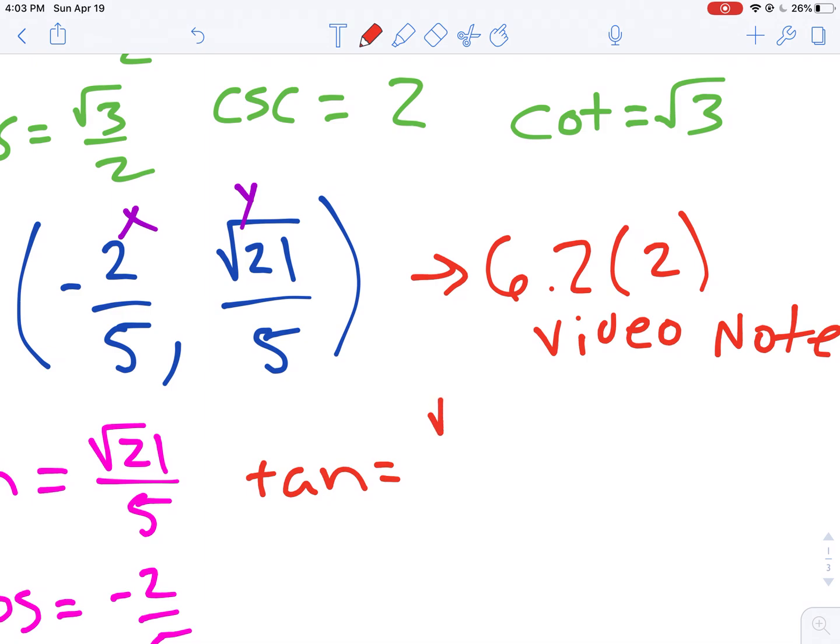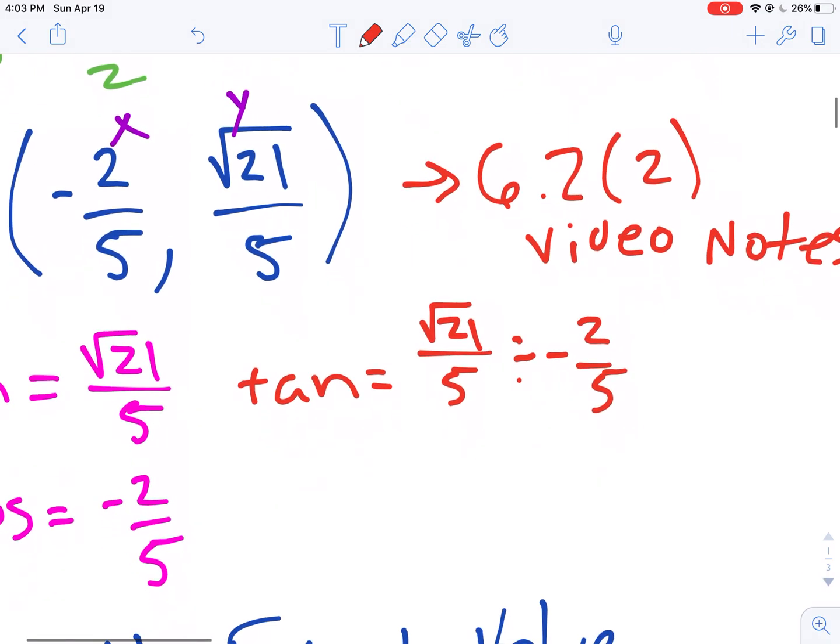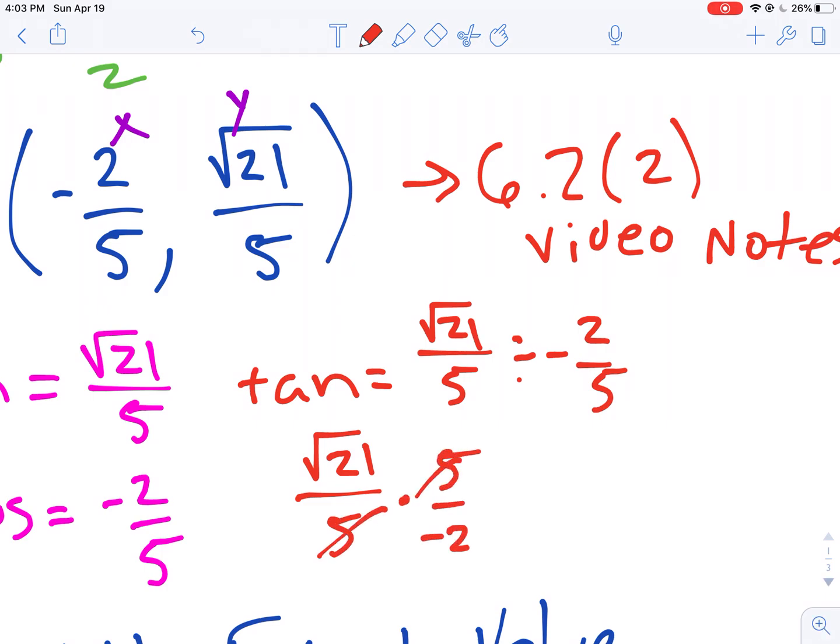So in this case, it's going to be the square root of 21 over 5 divided by negative 2 over 5. Well, this is the same thing as the square root of 21 over 5 times 5 over negative 2. These reduce, so then I'm left with negative root 21 over 2. So that would be my tangent.